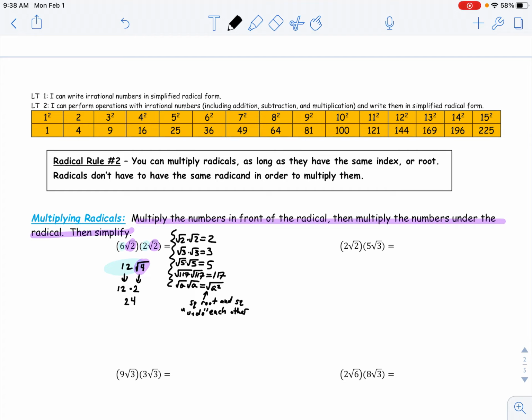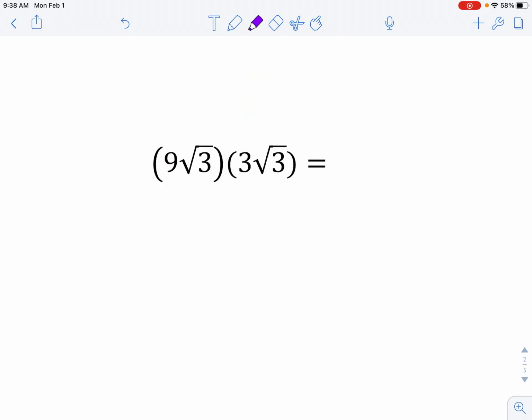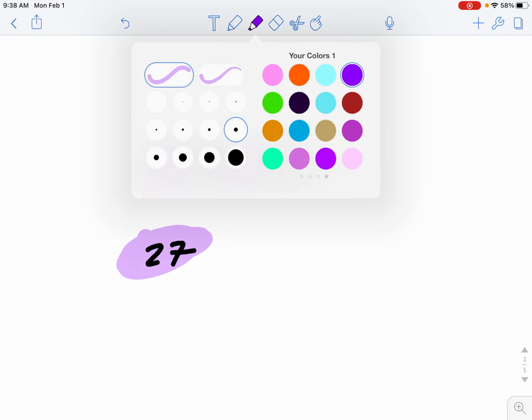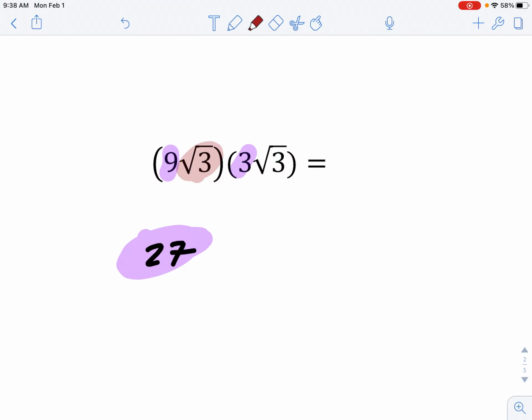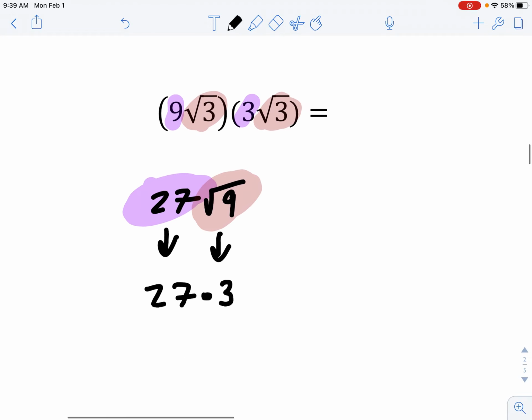All right, so let's bounce down here using what we just talked about. Now radical 3 times radical 3, I just talked about it. We already know radical 3 times radical 3 is going to equal 3. But let's be a little bit more precise about it just for fun. Radical 9, and as we can see, radical 9 is 3.